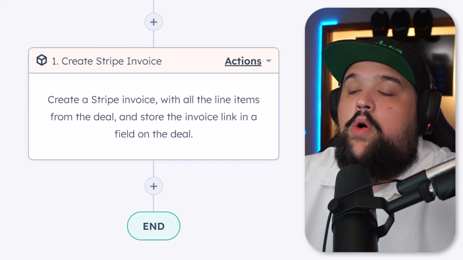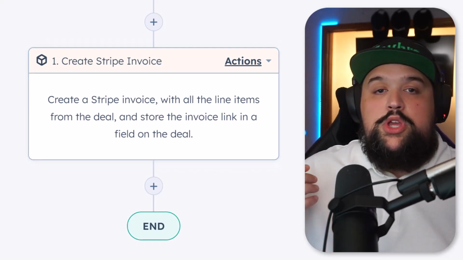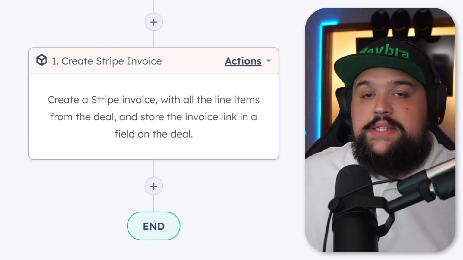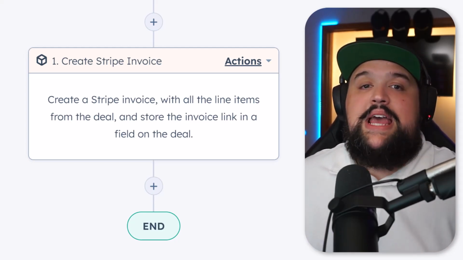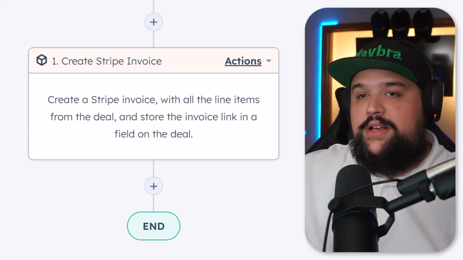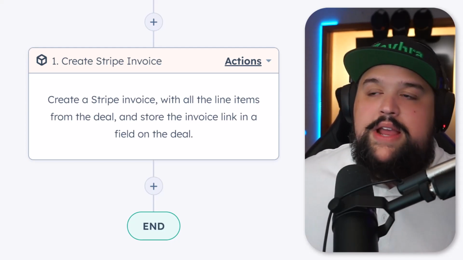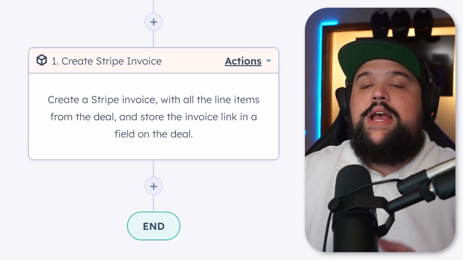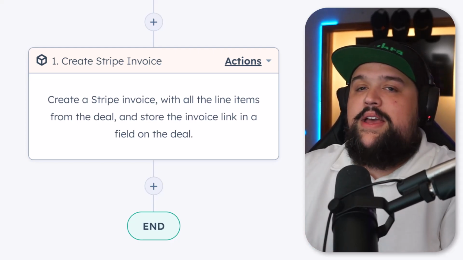So again, guys, the whole flow here is that when you get to the point where you win a deal, maybe you win the deal when someone signs, but then you have to generate an invoice to send to somebody else afterwards, the person who's actually going to provide the credit card and make the purchase, right? This is a great way to craft that end of your sales cycle to ensure that the invoice gets to the right person, it's automatically generated, and you're good to go.